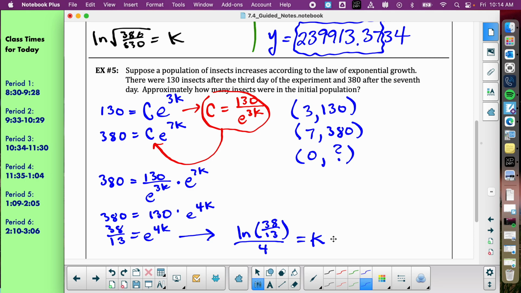The reason it works out really good is because you have e to the 7k divided by e to the 3k. They're super compatible. You subtract their powers because they're divided. And then you get e to the 4k. So it actually works out really nice in there. And then you go through the process to figure out k, which I'm assuming somebody else has this decimal.